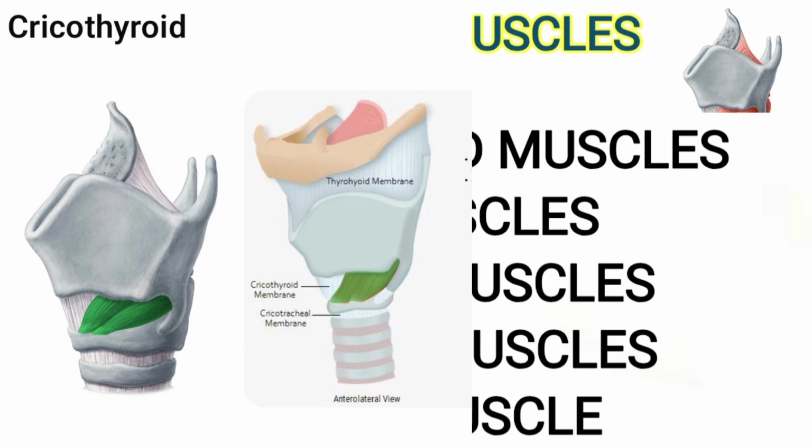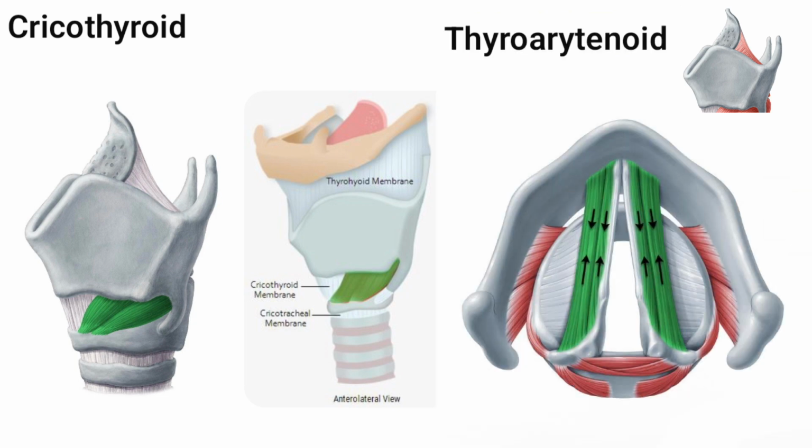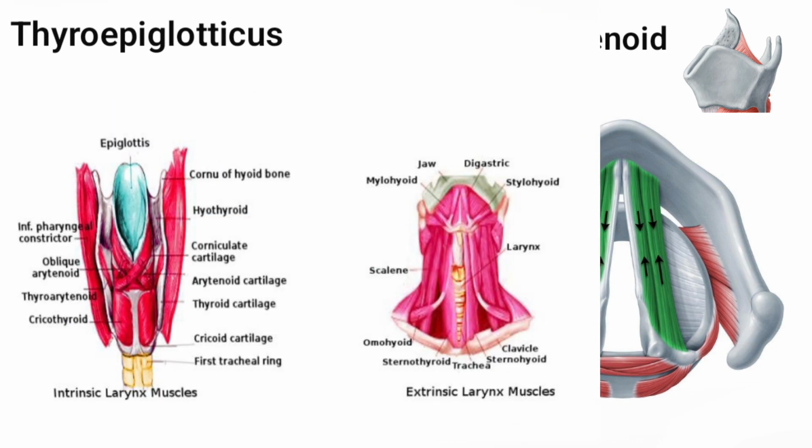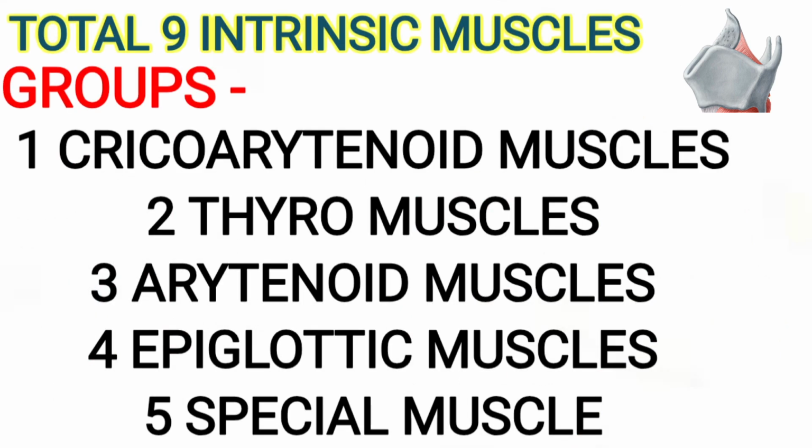Group 2, thyro muscles: cricothyroid, thyroarytenoid, thyroepiglotticus. How will you remember? Let's divide these names into two: cricoid and thyroid, thyroid and arytenoid, thyroid and epiglottis.